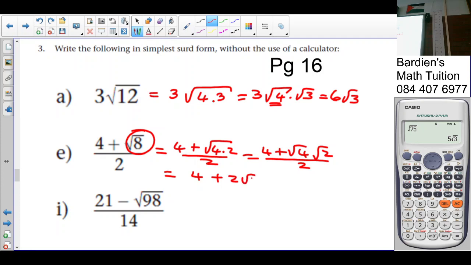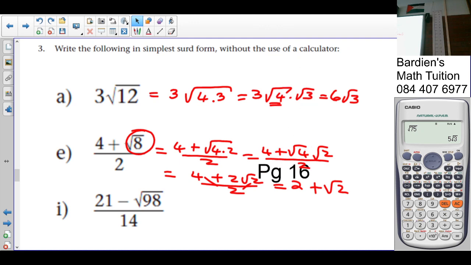So 2 root 2 over 2, each one on its own. So it's 4 over 2 is 2, plus 2 root 2 over 2 is going to be root 2. You all okay with that, people? You all okay with that? Any confusion?